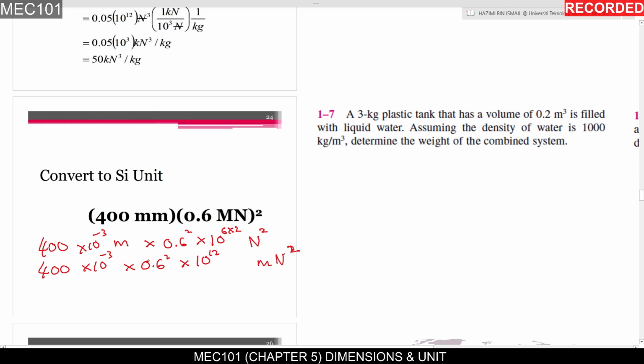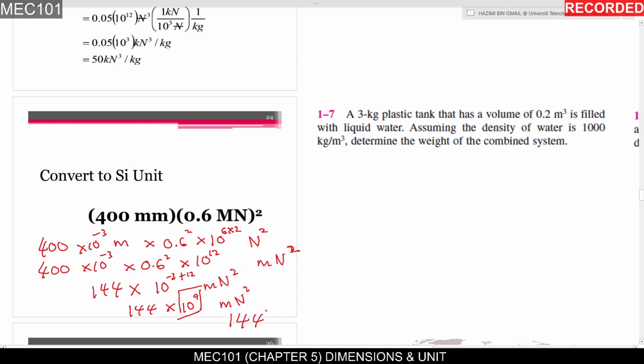Just use your calculator, you will get 144. 10 to the power of minus 3, when you multiply with 10 to the power of 12, it will be minus 3 plus 12, so you will get 9, right? Meter Newton squared.